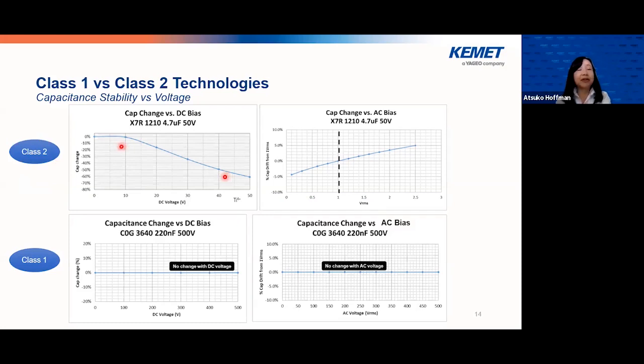X7R is usually barium titanate based. So because of that material, you will see the DC bias effect, and also the AC bias effect, for class 2 dielectrics. But if you take a look at class 1 dielectric MLCCs, you do not see any voltage effect, either DC bias or AC bias. So it is a very stable dielectric.